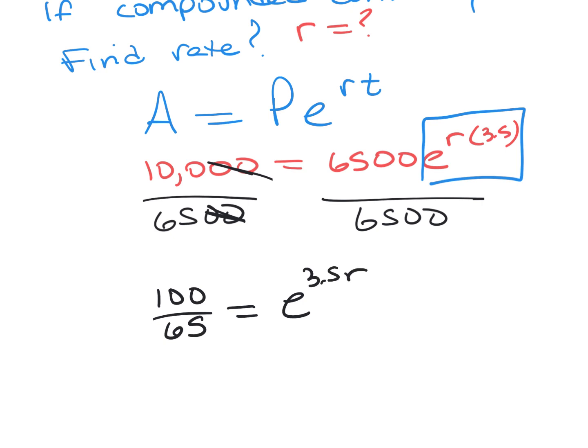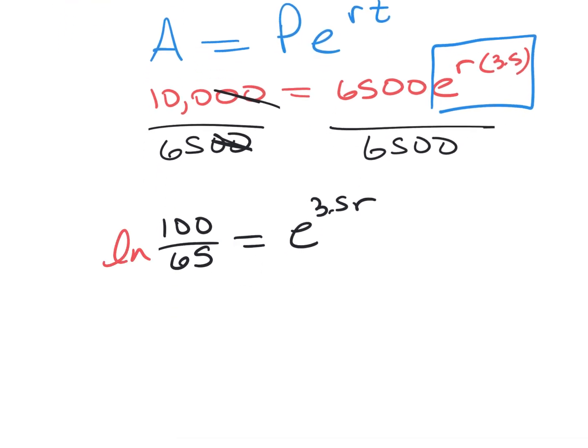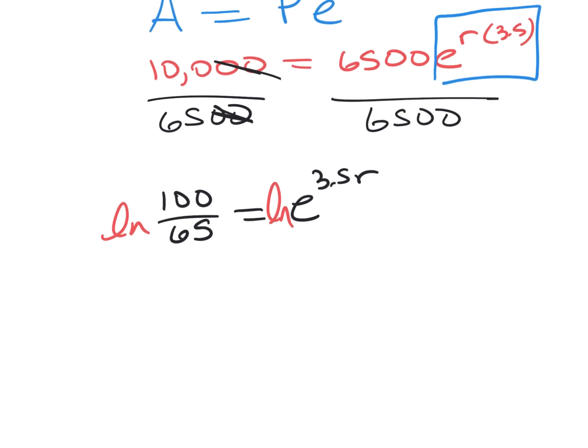So you can either choose to just take the natural log of both sides, ln, ln, and then in order to isolate, all we need to do is divide both sides by 3.5, because I can pull this power down to the front, if you want to see it that way. So then it's just ln, because ln e would be 1.